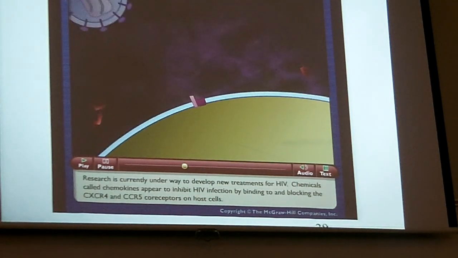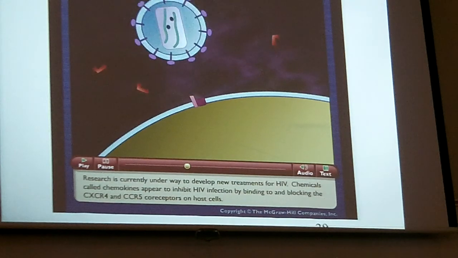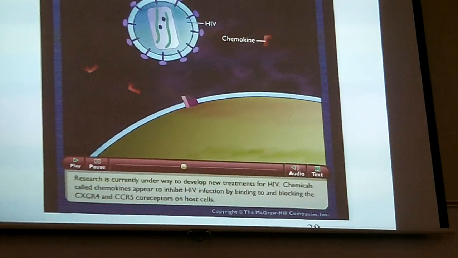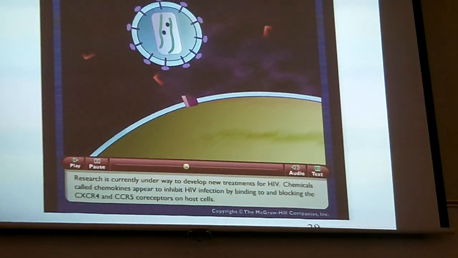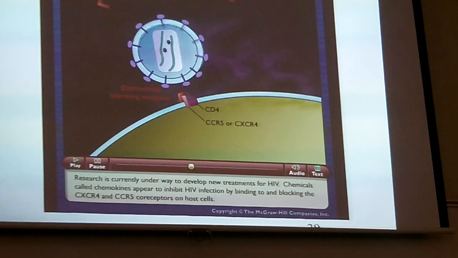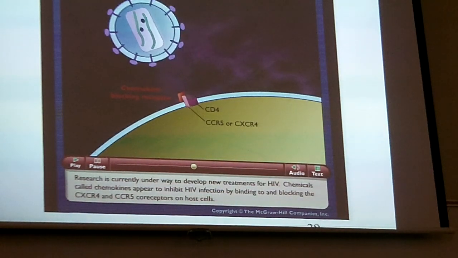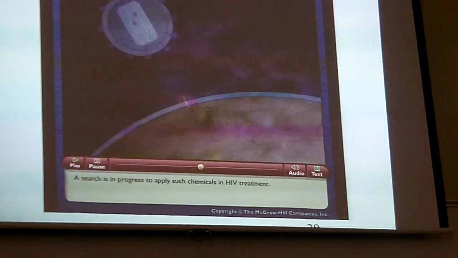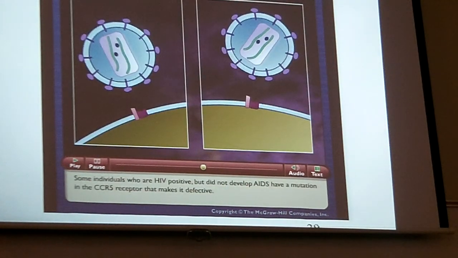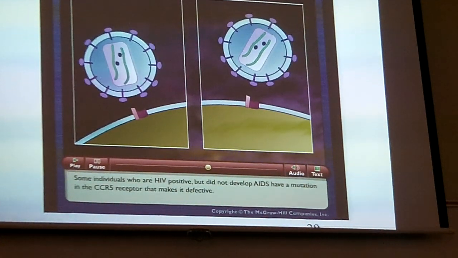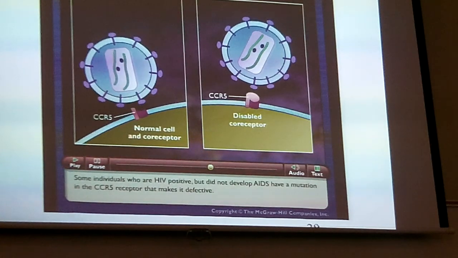Research is currently underway to develop new treatments for HIV. Chemicals called chemokines appear to inhibit HIV infection by binding to and blocking the CXCR4 and CCR5 co-receptors on host cells. A search is in progress to apply such chemicals in HIV treatment. Some individuals who are HIV positive but did not develop AIDS have a mutation in the CCR5 receptor that makes it defective.